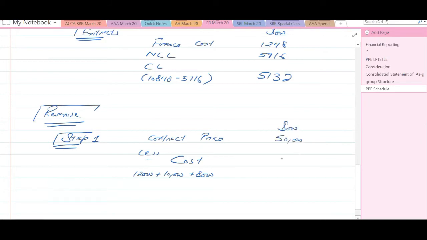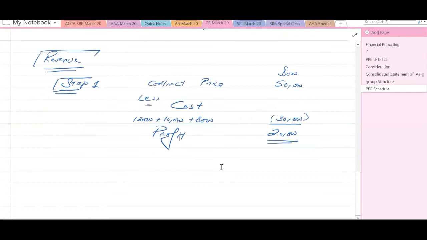Now the total cost is 10, 12, 22 and 30. So 20,000 is the profit. All right. So profit should be recorded based on the stage of completion. Loss should be immediately recognized.